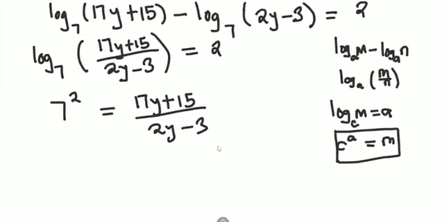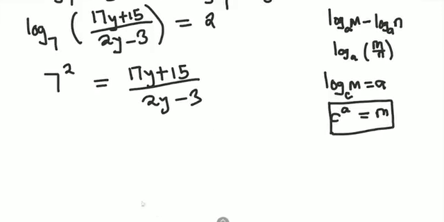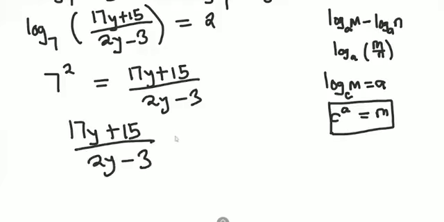From that stage we can try to simplify what we have. So we are going to write (17y + 15) over (2y - 3) is equal to 49. We know that 7 to the power 2 is 7 times 7, which is 49.